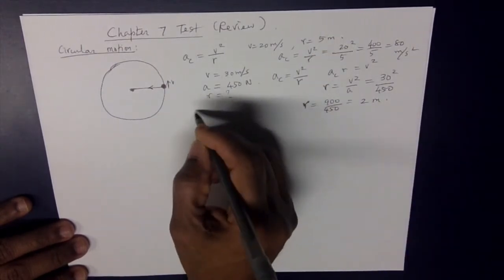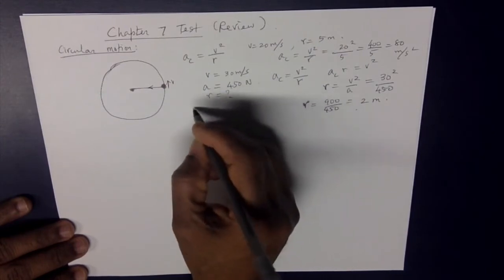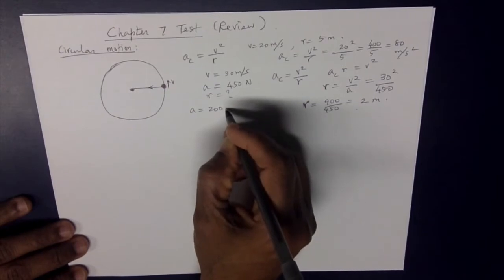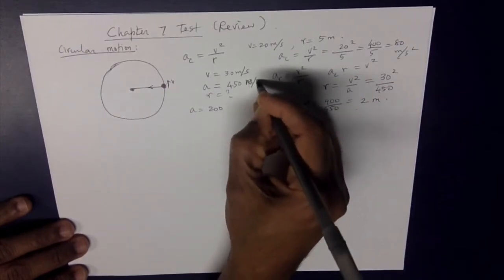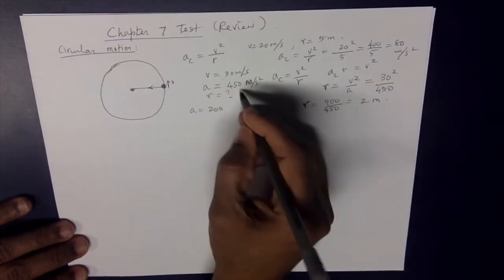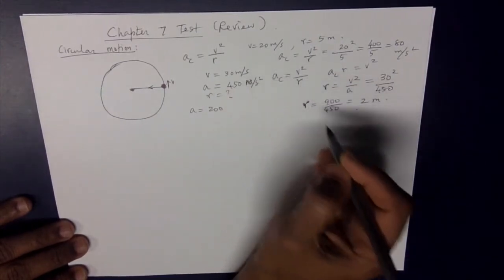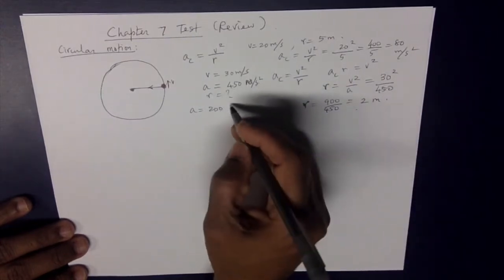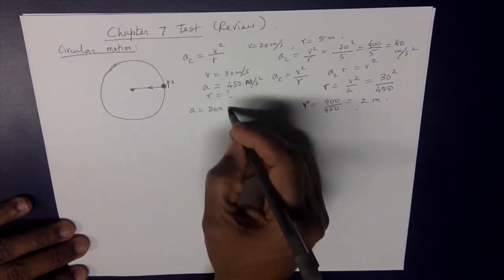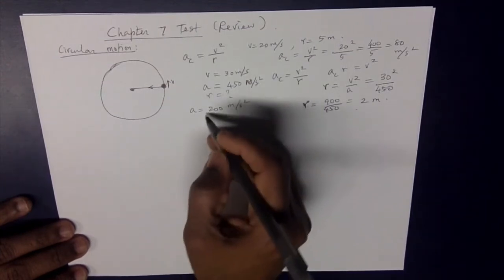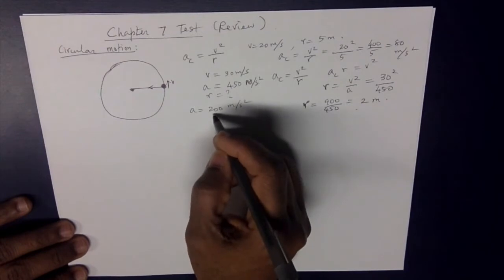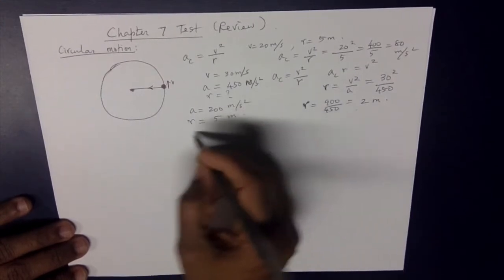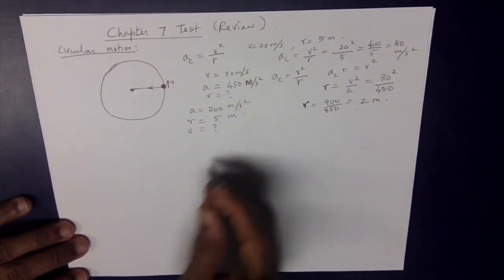So if I give you acceleration as 200 meters per second squared, and if you're given the radius as 5 meters, what is the speed? So what do you need to do now?